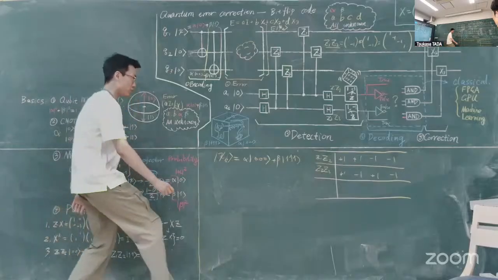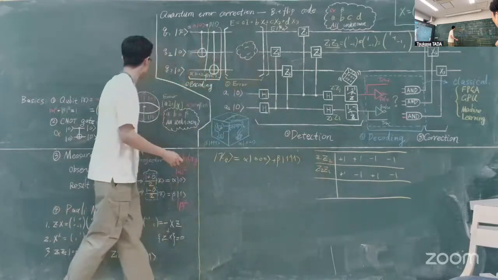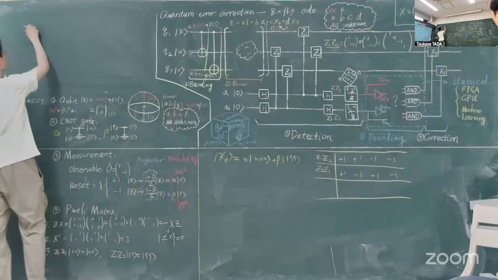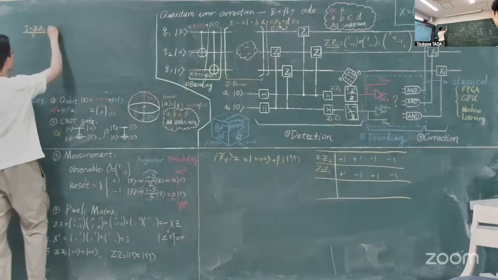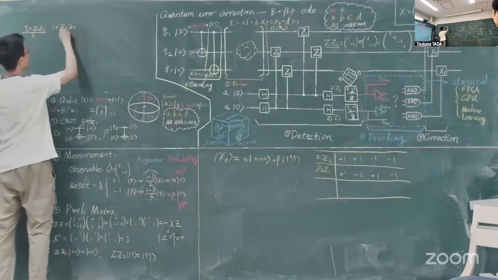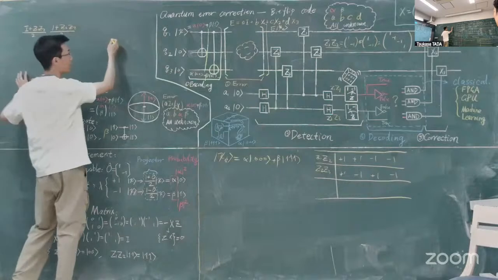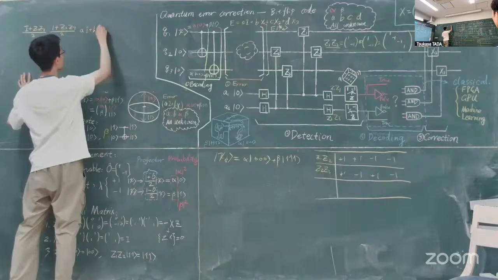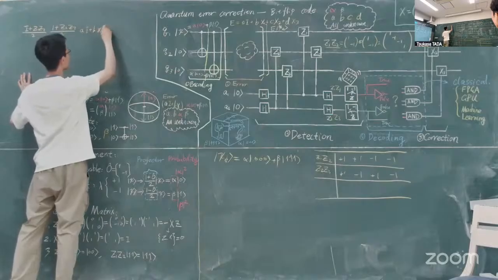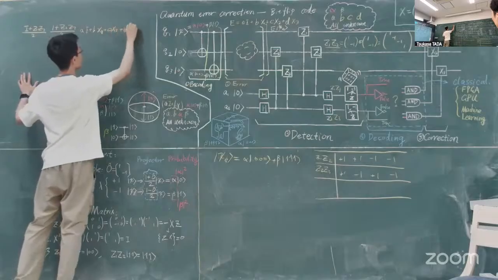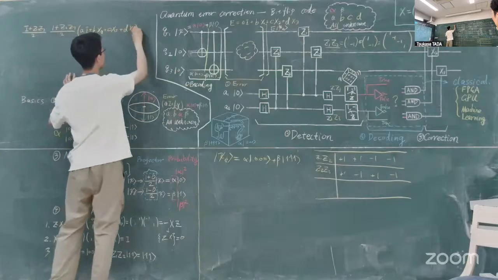Okay, for example, if what we measure is +1 and +1, we will have a projector of (1 + Z1Z2)/2 times (1 + Z2Z3)/2. And the error is A I, E, X1, D2, D3. And this is the error.